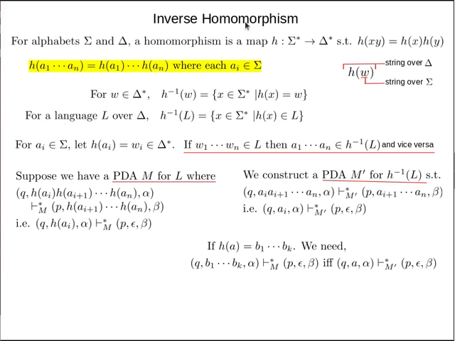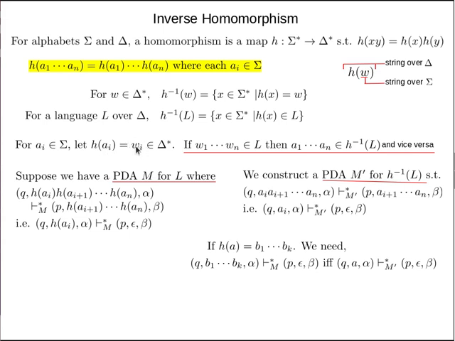So now since this h satisfies this relation, this homomorphism, in particular if I break this down into individual symbols, then h of a1 up to an is h of a1 concatenated up to h of an. So this means that suppose for this ai here we have h of ai as wi.